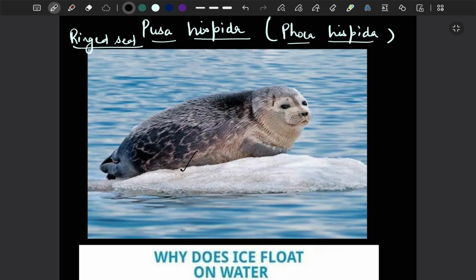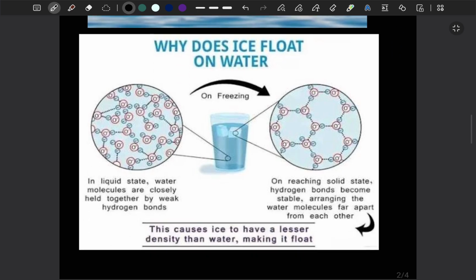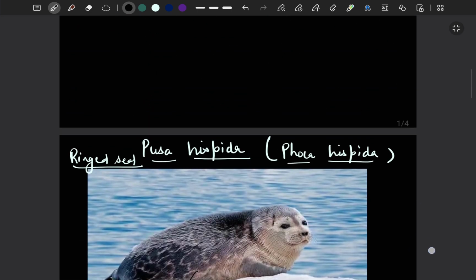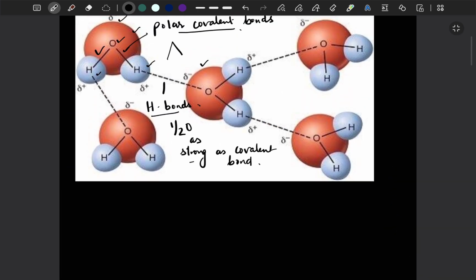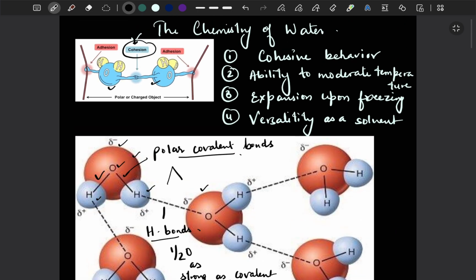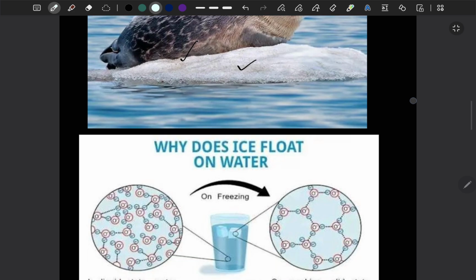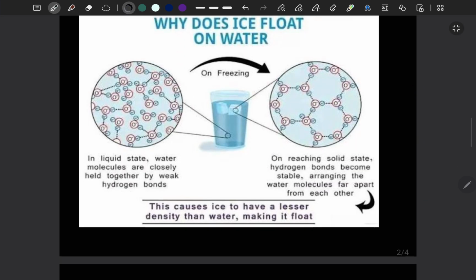You can see the Arctic Sea ice. It uses this as a platform from which it can hunt for fish in the water below the iceberg. Now, I told you that when water freezes, it expands. We will study this in detail later. What happens when the water is in liquid state?